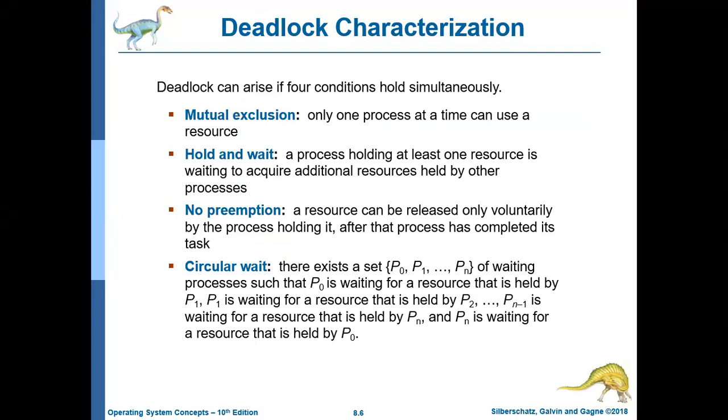For a deadlock, all four conditions are required. If three conditions are met and one is not, then you can say it's not a deadlock. The four conditions were mutual exclusion, hold and wait, no preemption, and circular wait.